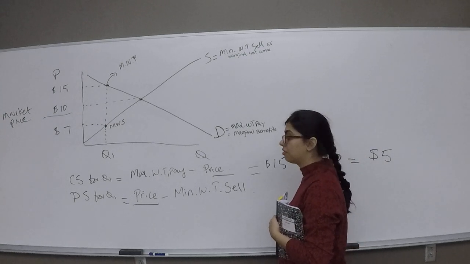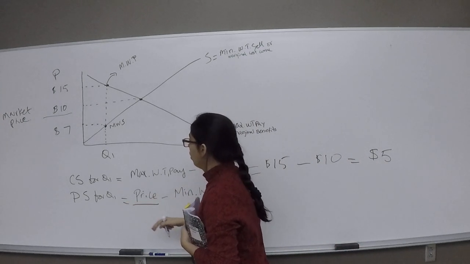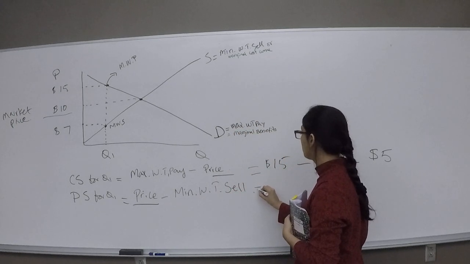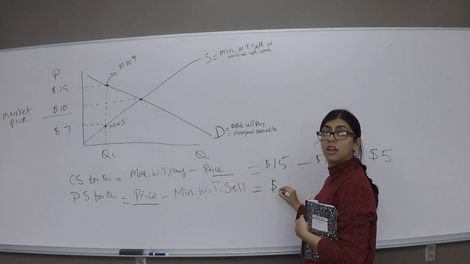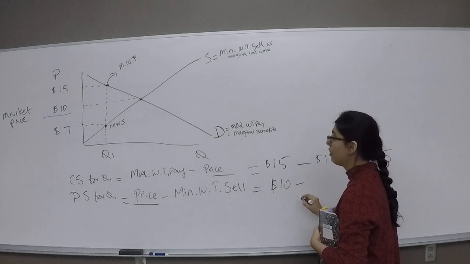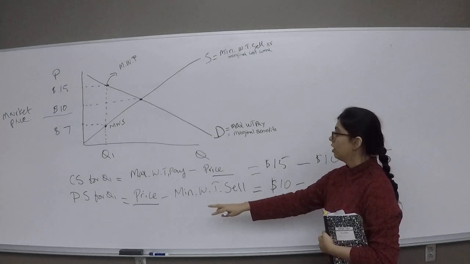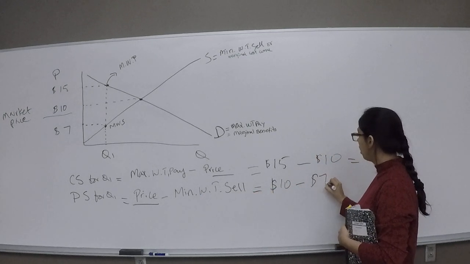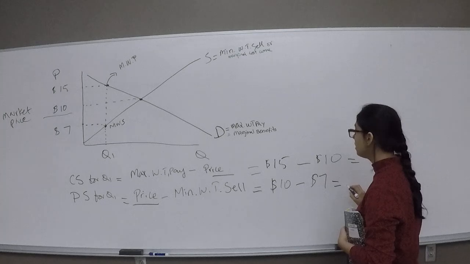Consumer surplus is equal to $5. For producer surplus, price actually received is equal to what? $10. For producer, the minimum willingness to sell was what? $7.